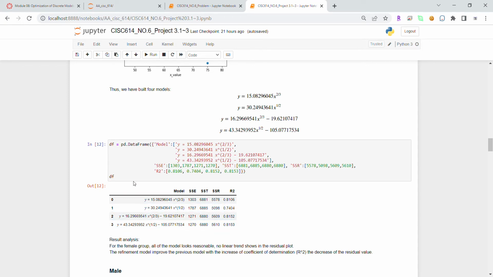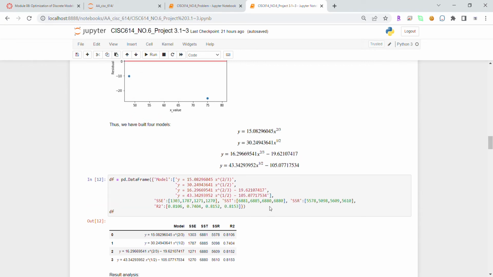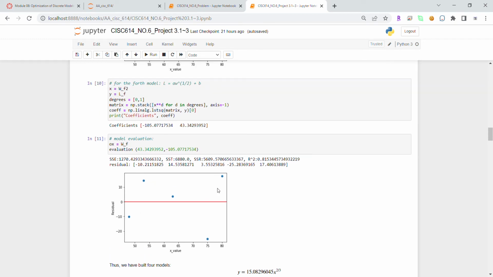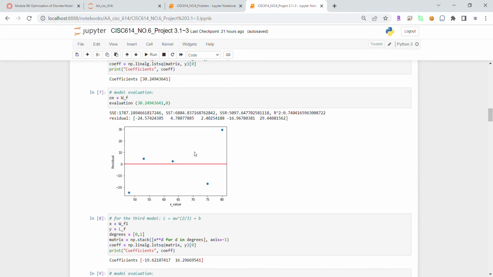So for the female group, all the models look reasonable. There is no linear trend shown in the residual plot. We can see from the residual plot that all the points are randomly distributed.